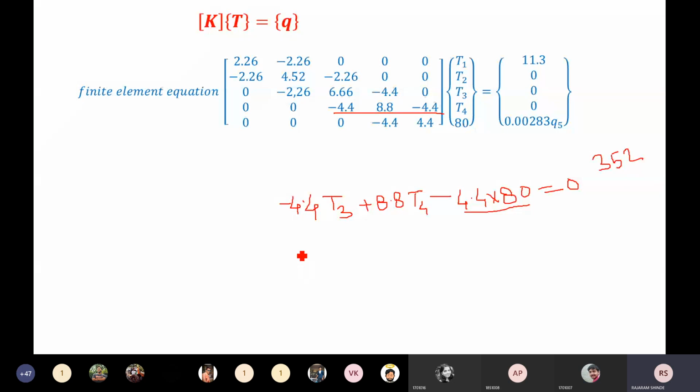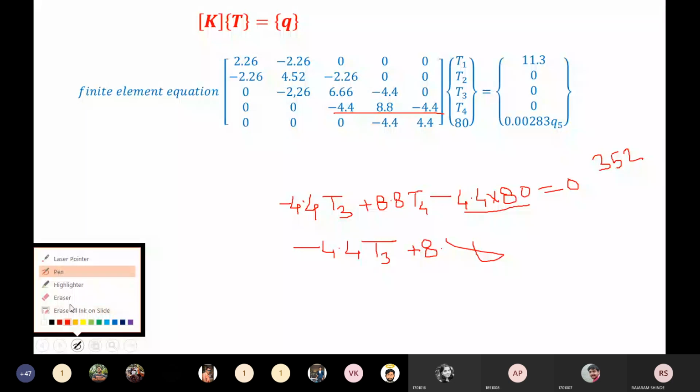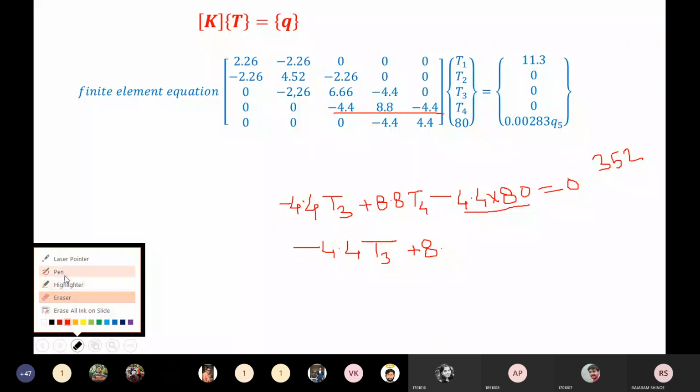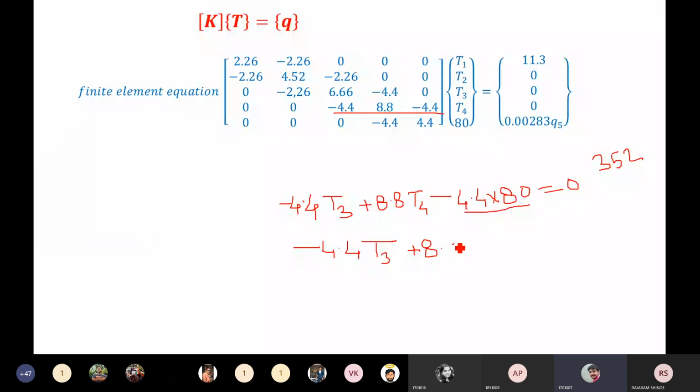Now you see here how I will write this equation: minus 4.4 T3 plus 8.8 T4, and I will take this minus 352 to the right side.